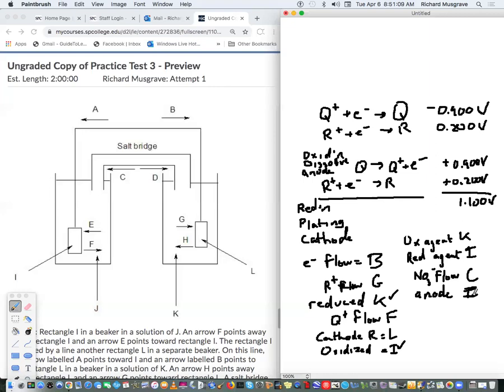Okay. Does anybody have any other questions about the test? Do you mind going over number 6 really quick?